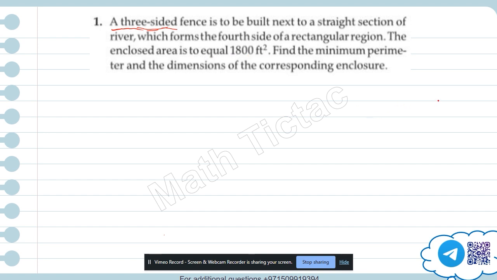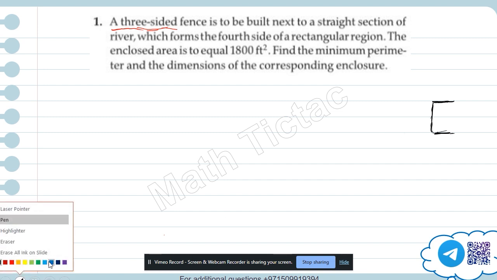The enclosed area is equal to 1800 feet square. So let's start by graphing the shape that we have over here. We have a rectangular area that we need to fence. This is the first side, this is the second side, and this is the third side.